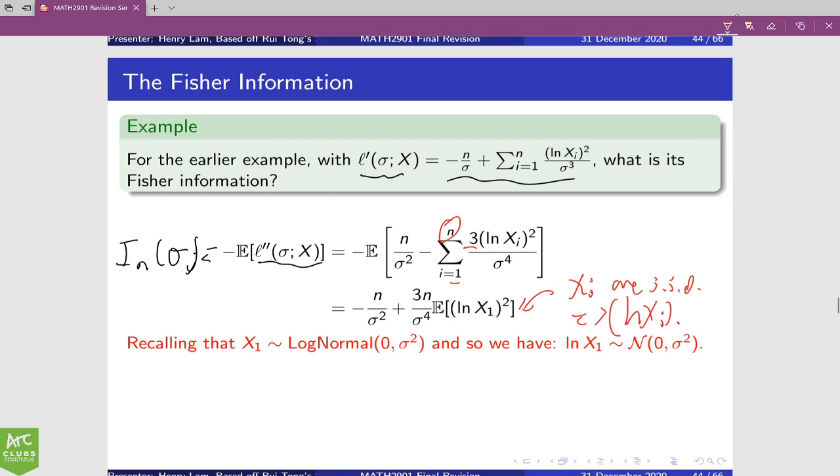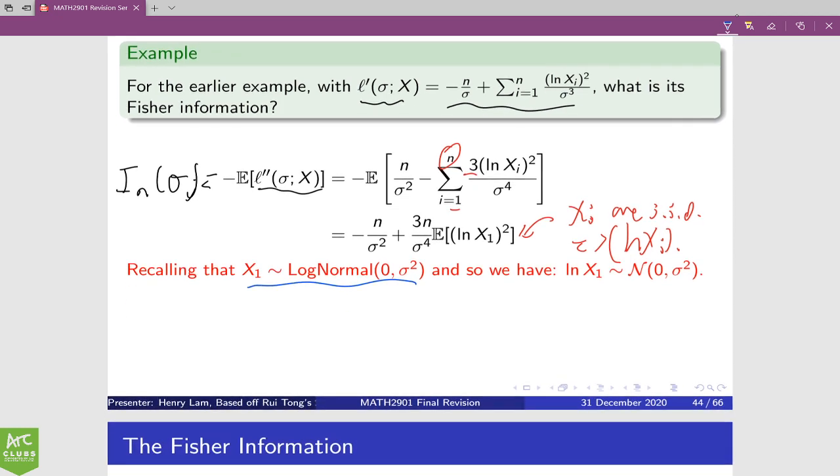Right, and in here, we note the fact that, as you read here, X1 is log normal, and this is something you just have to remember. The log of a log normal is normal. I know it's kind of counterintuitive with the naming scheme, but the way I remember it is the fact that I know X1 is greater than 0.